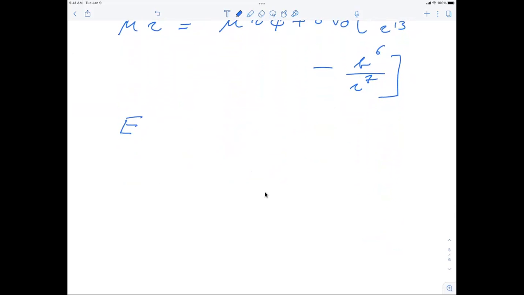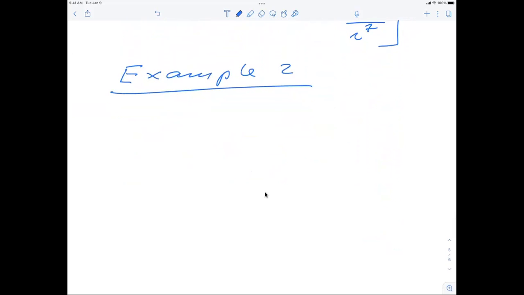So let's take a new example. So we have an example 2 here. And let's look at, instead of looking at a coupled pendulum, we could now look at a coupled harmonic oscillator.